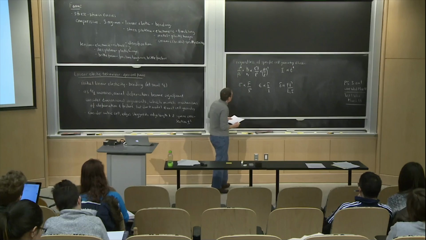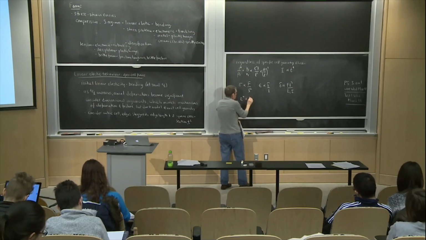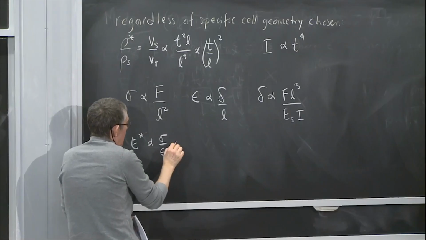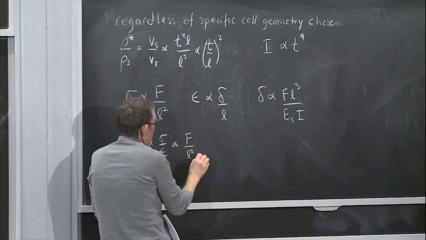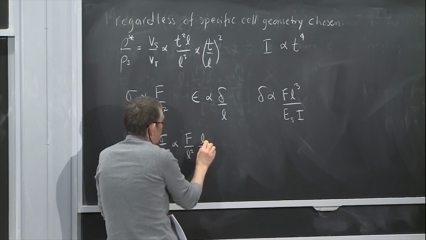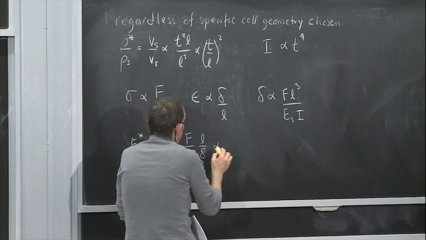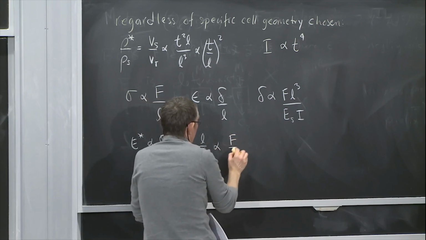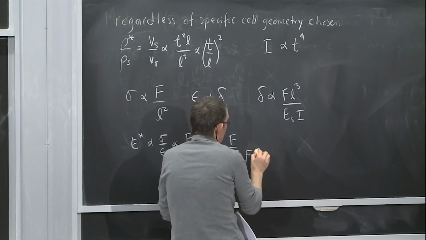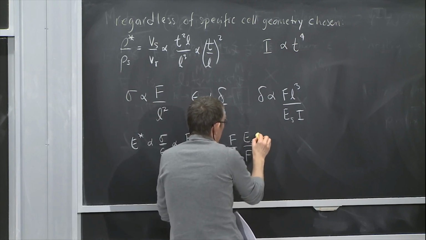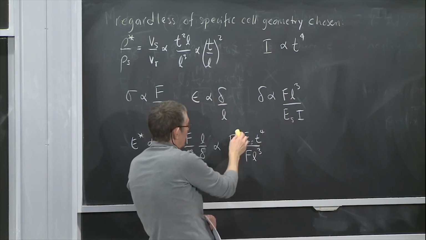And then I'm just going to put all these things together to get the modulus. So the modulus of the foam is going to go as the stress over the strain. If I plug in what I have for the stress, it's F over L squared. If I plug in what I have for the strain, it's delta over L. So this is F over L and delta, and I'm going to replace delta by F L cubed over E_s I. And I'm going to use, instead of I, T to the fourth.